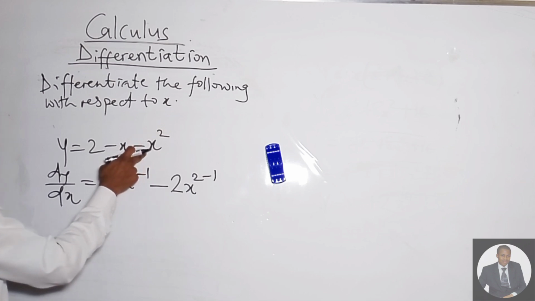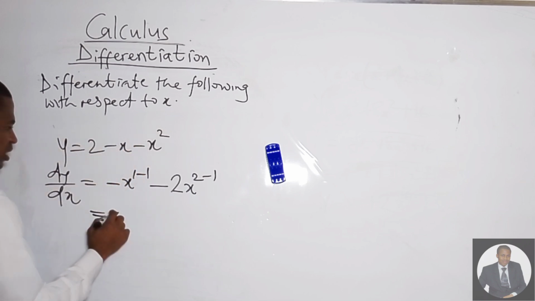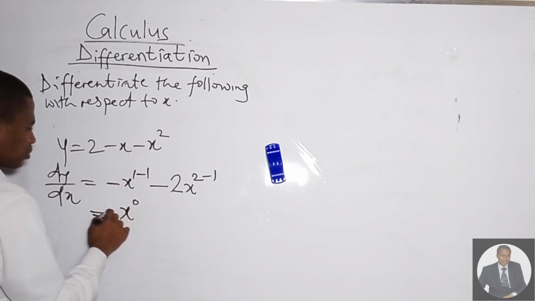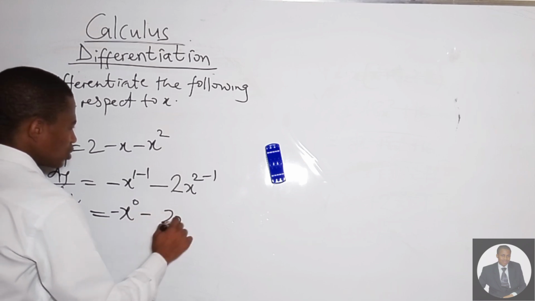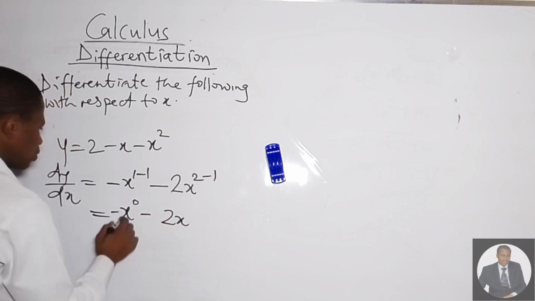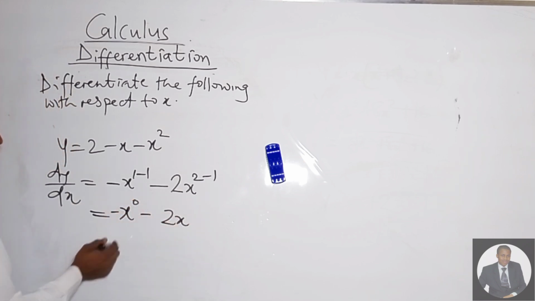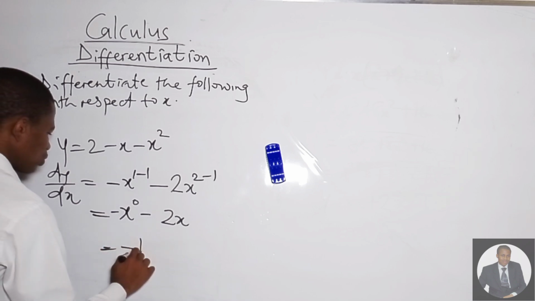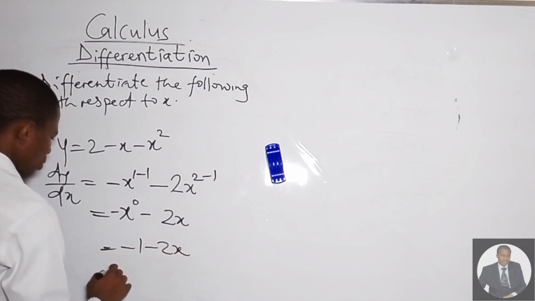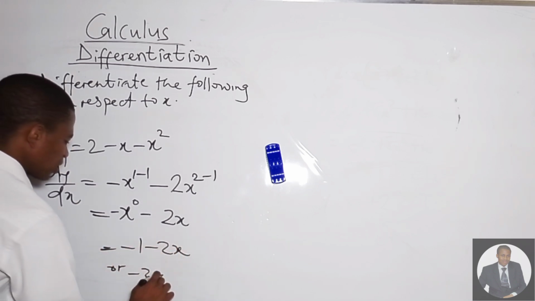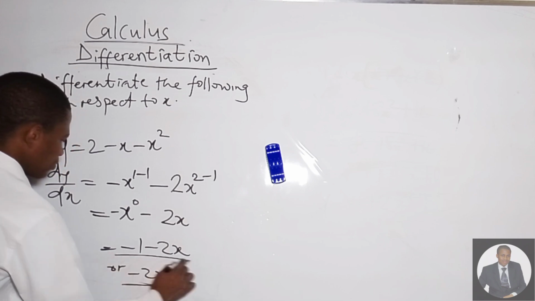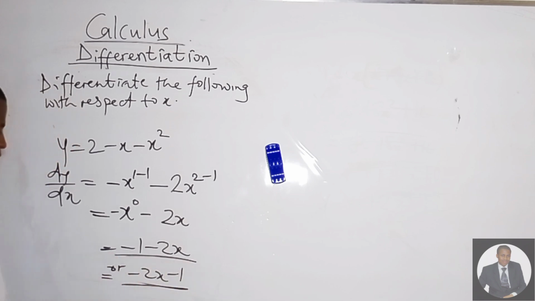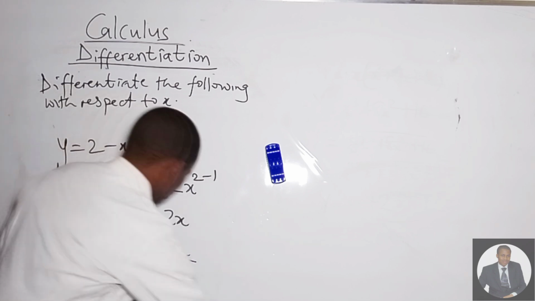This 2 becomes a coefficient or a multiplier. So what do we have? x raised to power 0 minus 2x raised to power 1. Anything raised to power 0 is 1. So we have minus 1 minus 2x, or we can say minus 2x minus 1. Either of these will be correct.